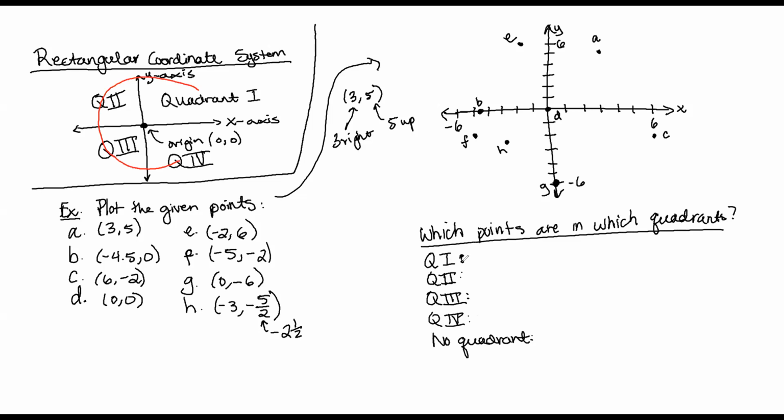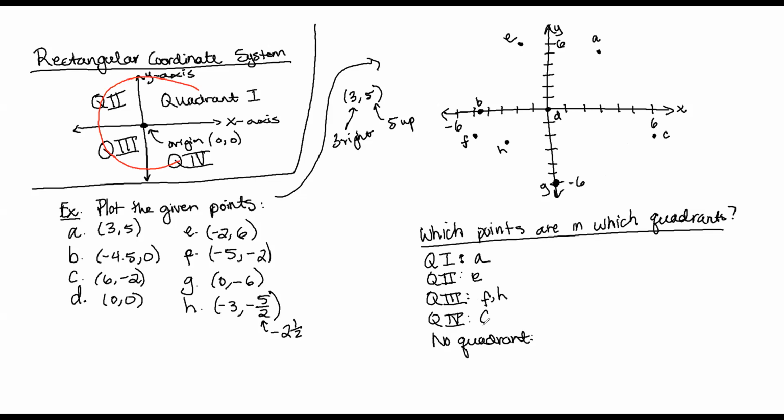So if we look at quadrant 1, there's only one point in quadrant 1, that's the top right. So that's A. Quadrant 2 is only point E. Down to quadrant 3, we have F and H. And over to quadrant 4, we just have point C. And so we only have 5 points here, so the other 3 have to be in no quadrant.